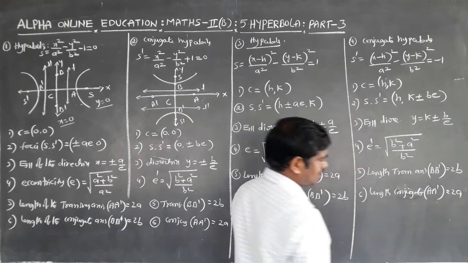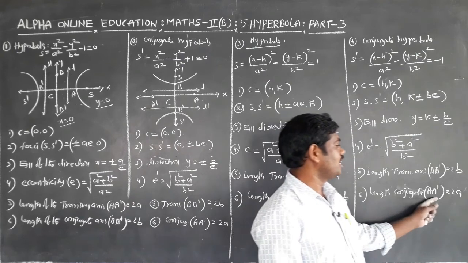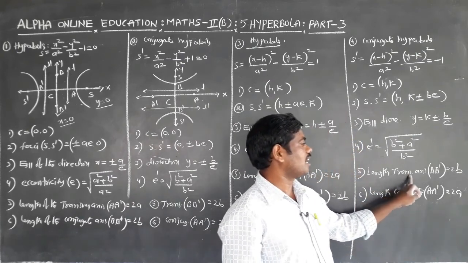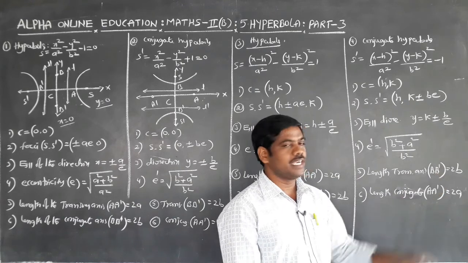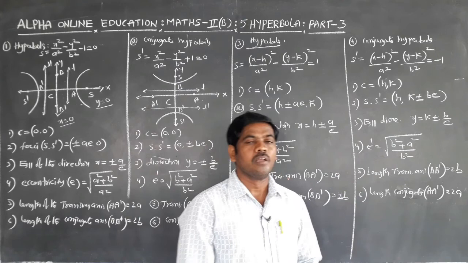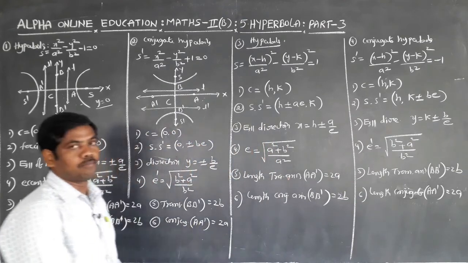Length of the conjugate axis a dash equal to 2a, length of the transverse axis b dash is equal to 2b. These are the formulas of the various forms of the hyperbola.